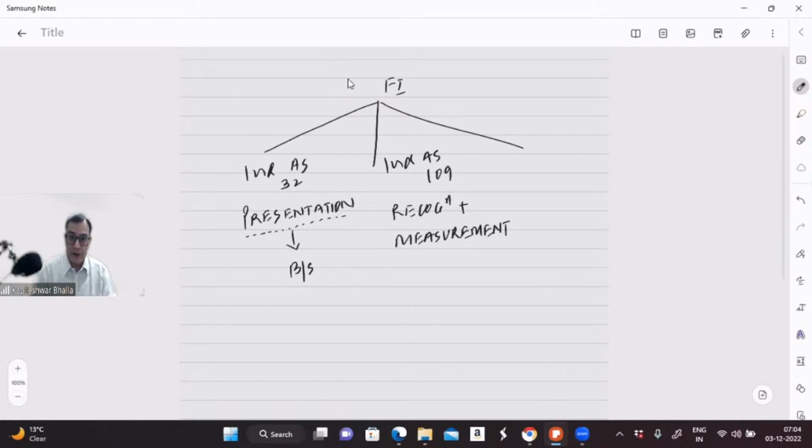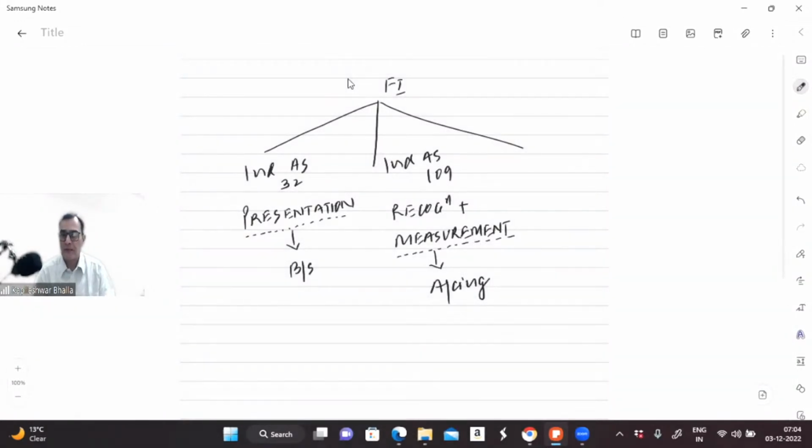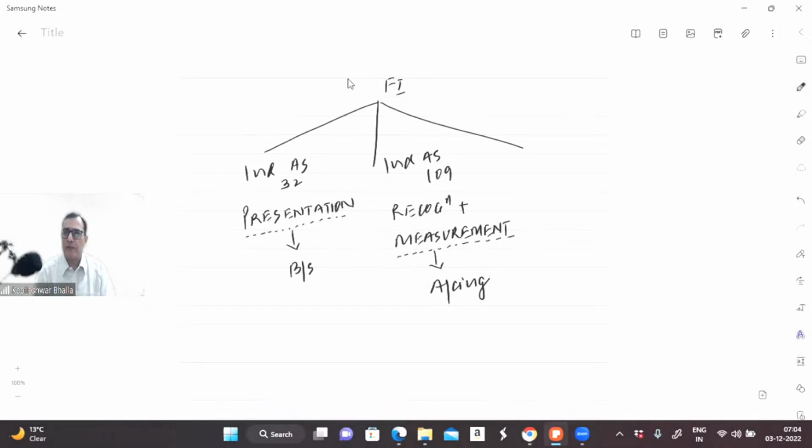So this standard is going to talk purely in terms of accounting. This is the core standard where we're going to discuss the accounting of financial instruments. Not that in Ind AS 32 we're not going to talk in terms of accounting. In Ind AS 32, we're going to talk of the presentation, but a little accounting of certain instruments will also come. But the core area of accounting is going to be Ind AS 109.